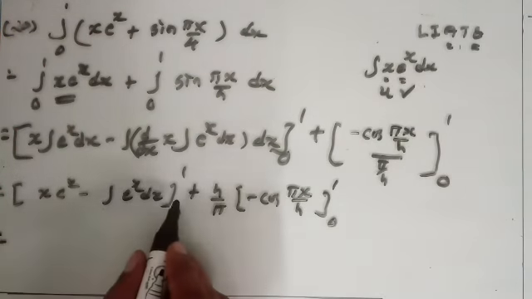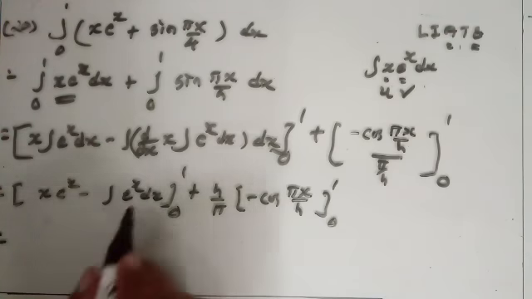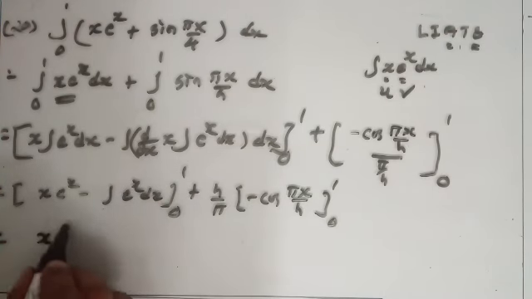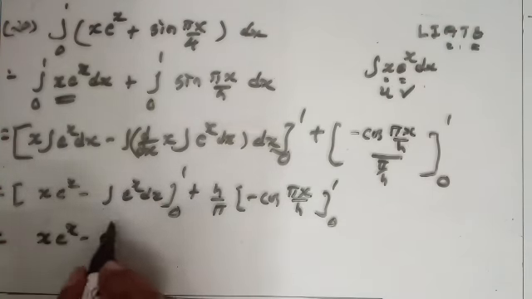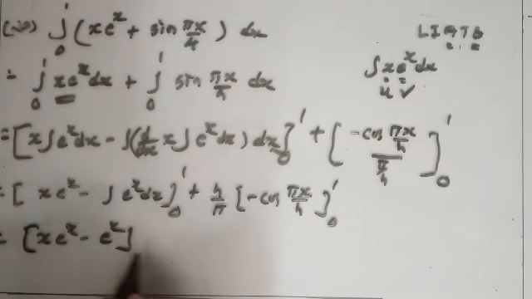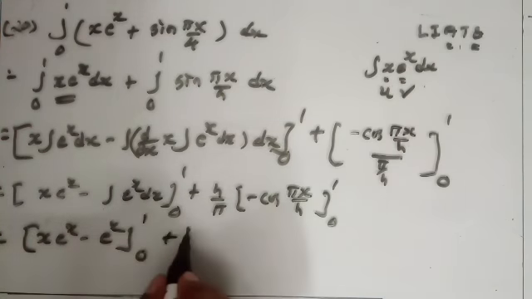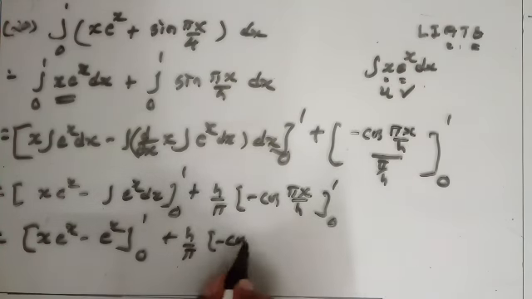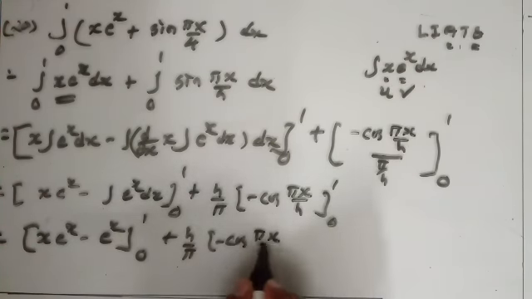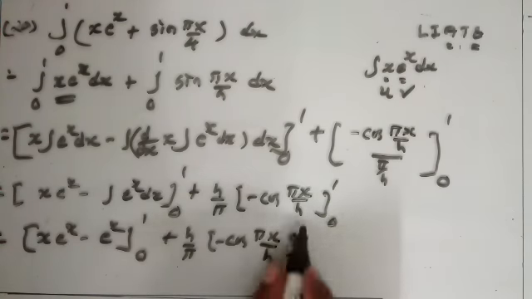So is equal to, now integration of e raised to x is e raised to x, and the limit 0 to 1, plus 4 upon pi into minus cos pi x upon 4, 0 to 1.